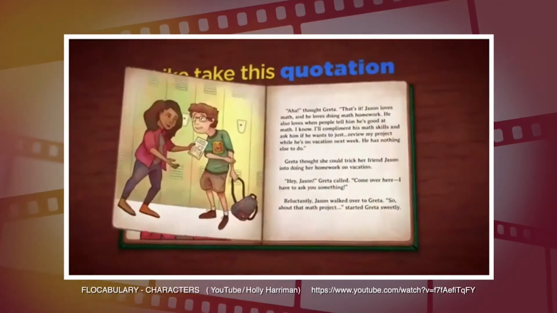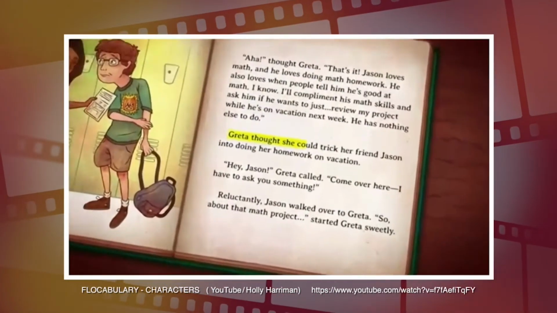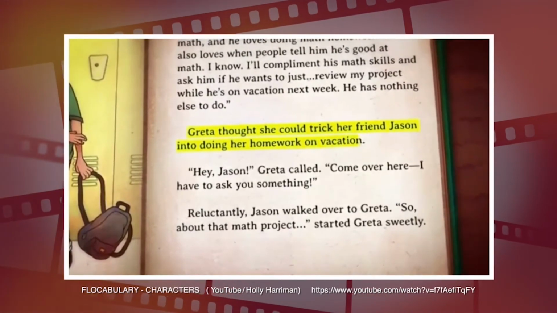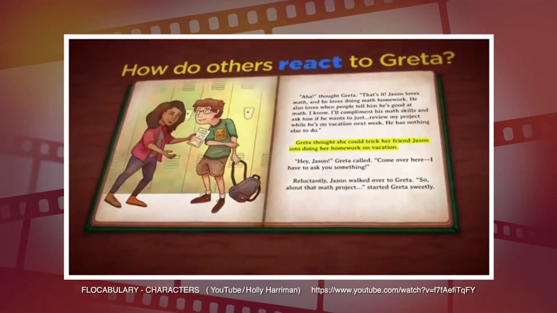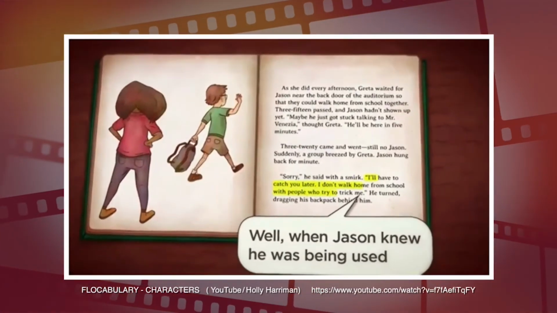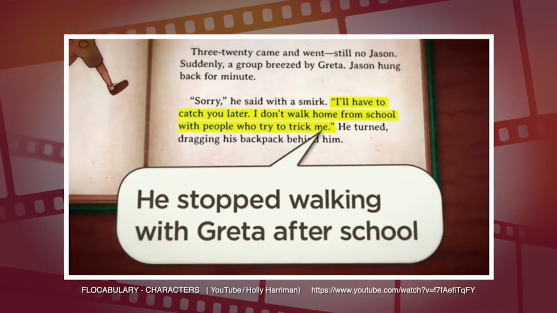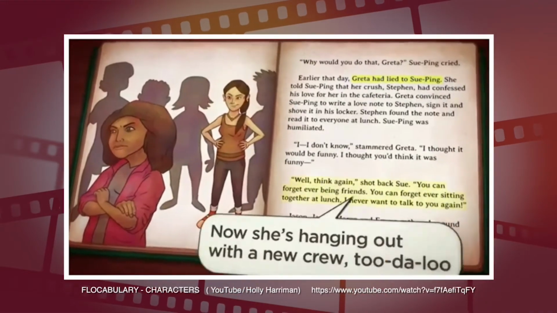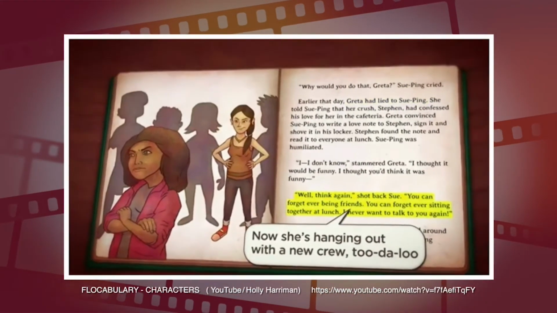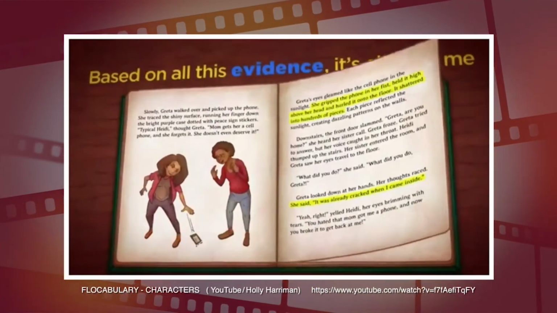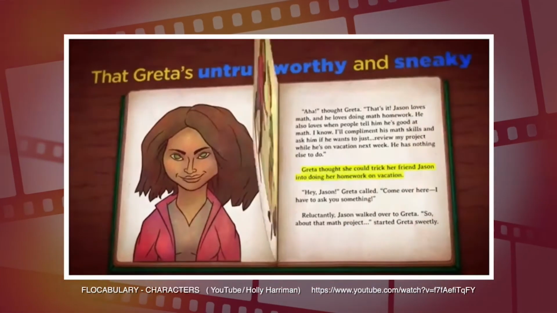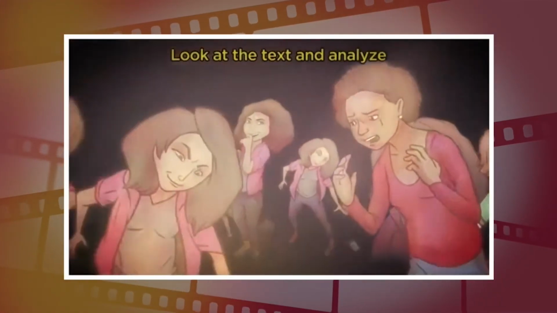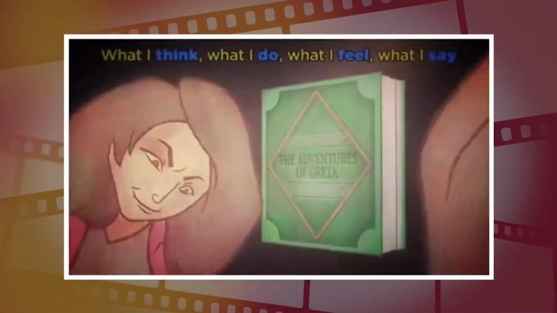Like, take this quotation. Greta thought she could trick her friend Jason into doing her homework on vacation. How do others react to Greta? Well, when Jason knew he was being used, he stopped walking with Greta after school. Sue Ping got tricked by Greta too. Now she's hanging out with a new crew, Toodaloo. Based on all this evidence, it's clear to me that Greta's untrustworthy and sneaky. I'm a character, and if you want to know my traits, look at the text and analyze.